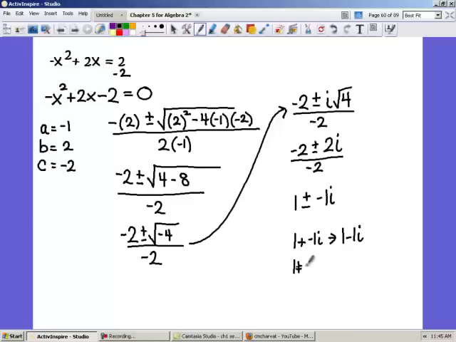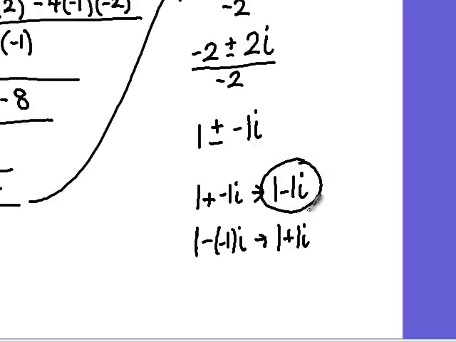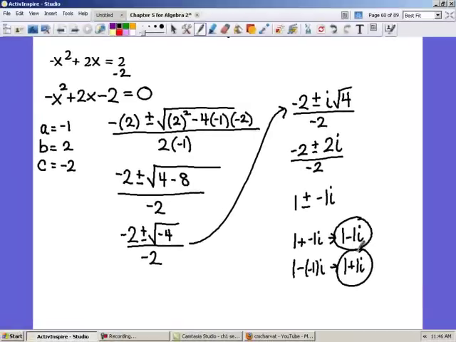And we have 1 minus a -1i, which will simplify to 1 plus 1i. So here is one of the x-intercepts, and here's the other. And there are 2 answers as well.